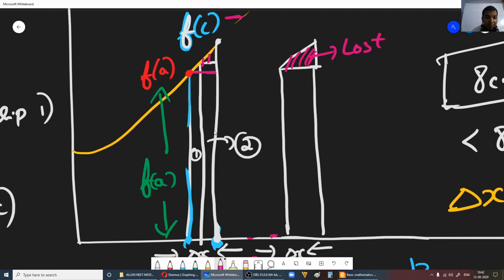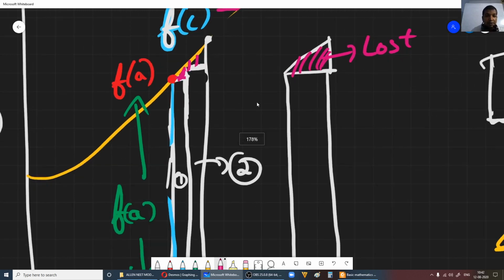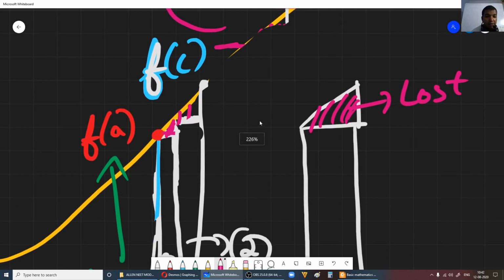Now how much area am I losing? We have two strips right now, so this much area is lost and this much area is lost. Don't you think that when you consider two strips instead of one strip, you lose a lesser area?